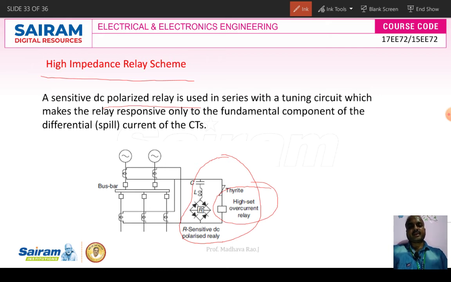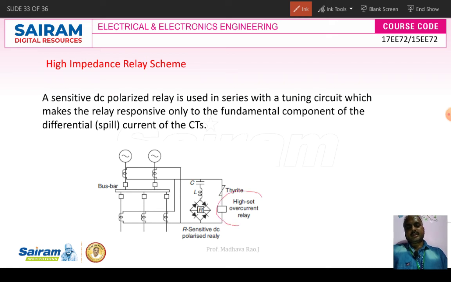In this diagram we can observe that the relay is connected in series with this tuning circuit. Okay, so once current flows into the bus bar and the current increases, the impedance of the relay will decrease.